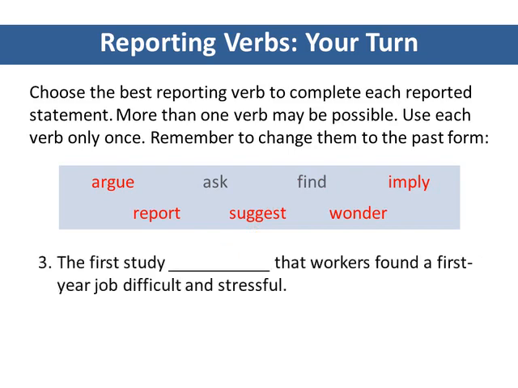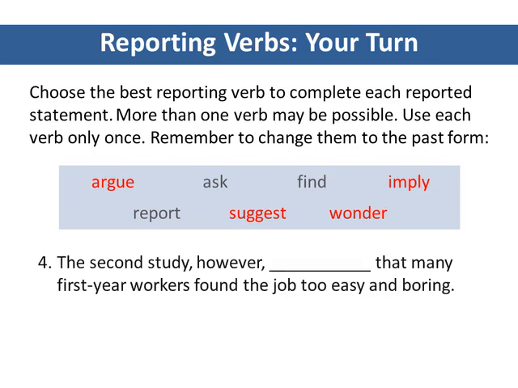Number 3. Which of the remaining verbs would be the best choice here? The first study reported that workers found a first-year job difficult and stressful. Did you choose a different reporting verb? Both argued and suggested would work here, but they changed the meaning slightly.